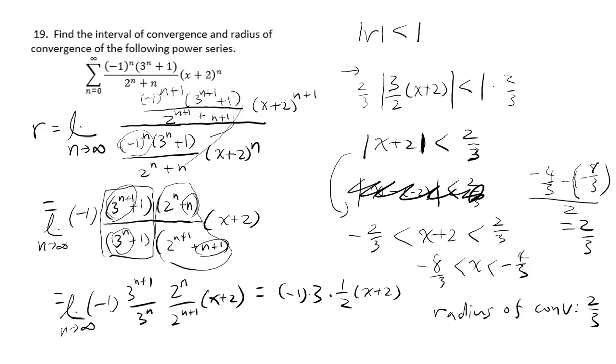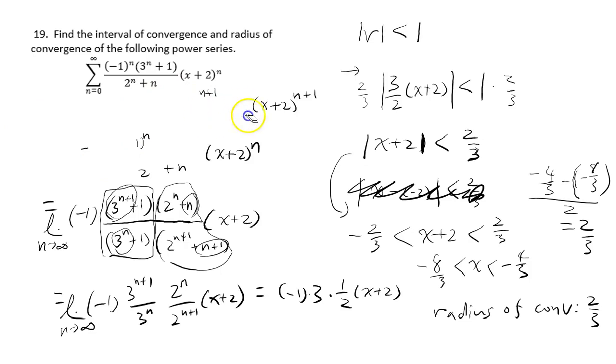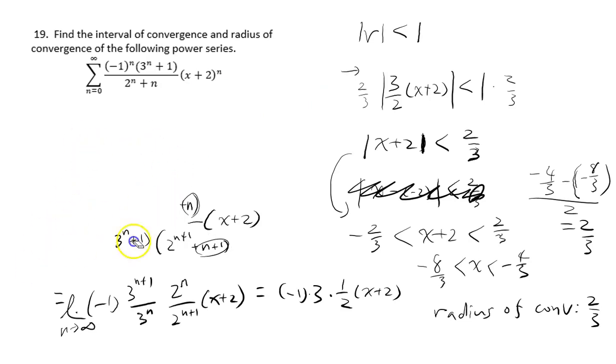Now, what you have is not all, because now you need to find the interval of convergence. And for interval of convergence, you need to figure out what's happening at the endpoints. The endpoints here are these 2 points, negative 4/3 and negative 8/3. So let's see what happens at those points.